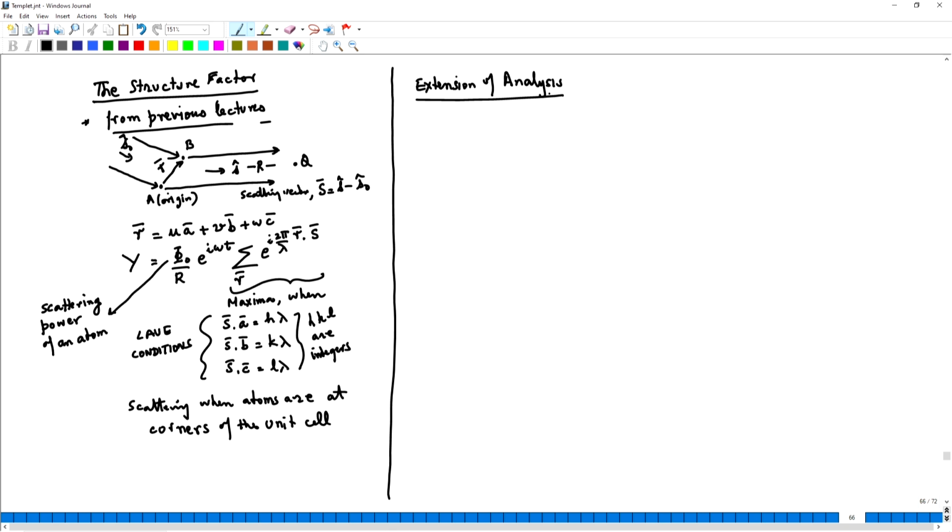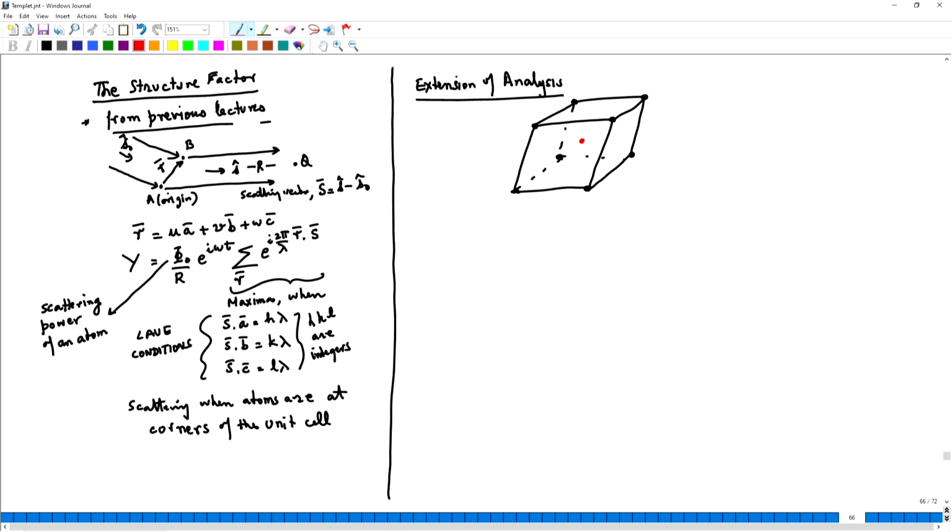Extension of analysis. Suppose I consider a crystal which has atoms at the corners and I also have an atom, let us say, in the body centered position.